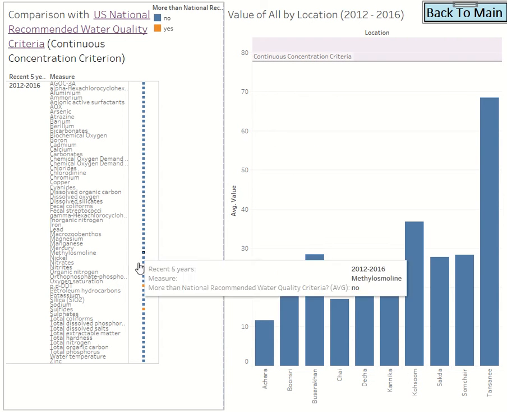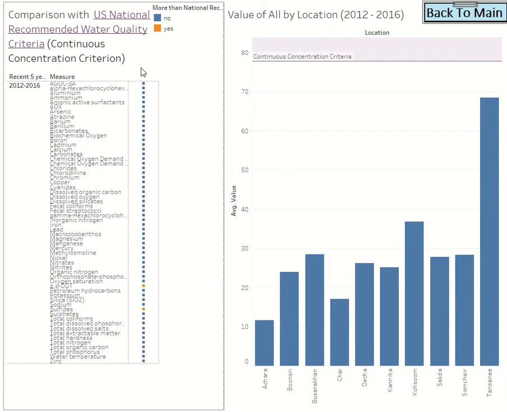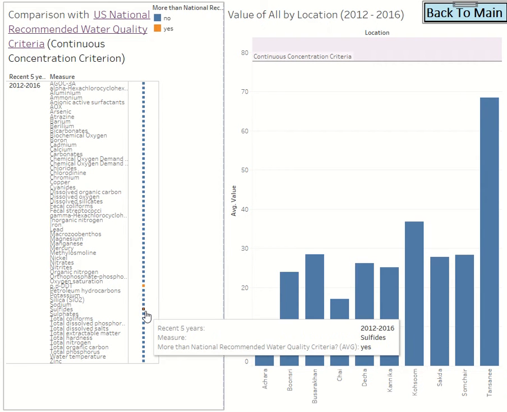The blue boxes represent that the measure is either below the threshold recommended by the US national government, or it is not a measure that the US national government uses as a guideline. While on the other hand, orange, yellow means that it's above the threshold.